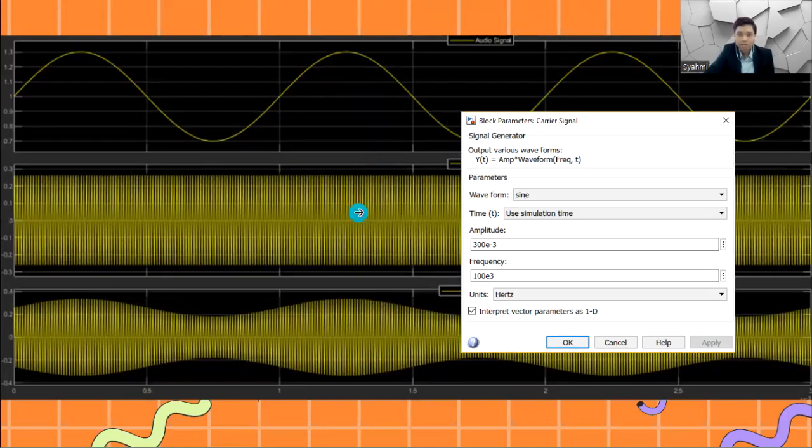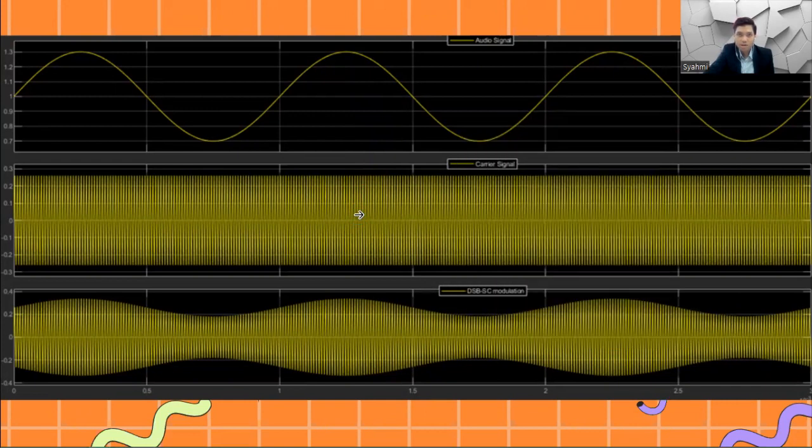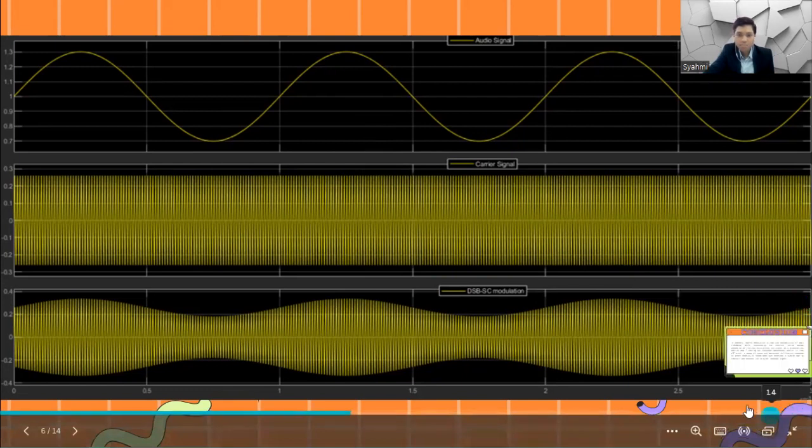The carrier signal I set to 300 millivolt of amplitude also, but its frequency is higher, which is 100 kilohertz. The parameter values that I use for the audio signal and carrier signal are based on what I have used in the practical lab. So now the result is the AM, or amplitude modulation, from the DSB-SC modulation.